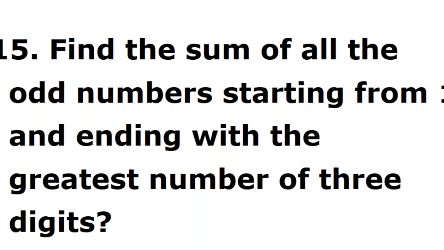We need to get the sum of all the odd numbers from 1 to the greatest three-digit number, which is 999. So what is the answer? How to get it? Do it fast, ma.